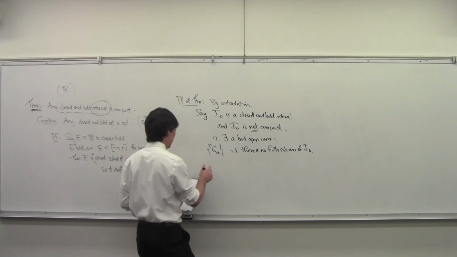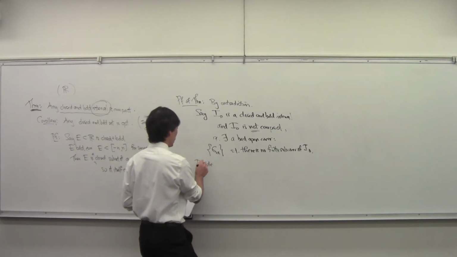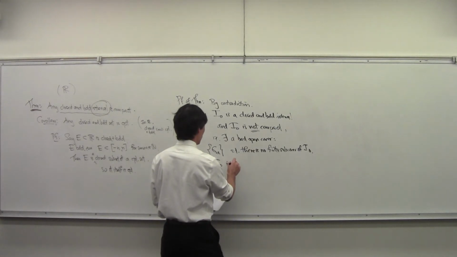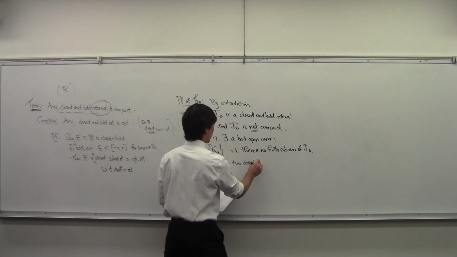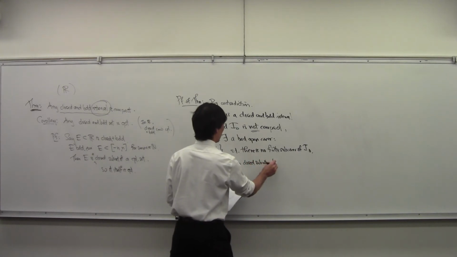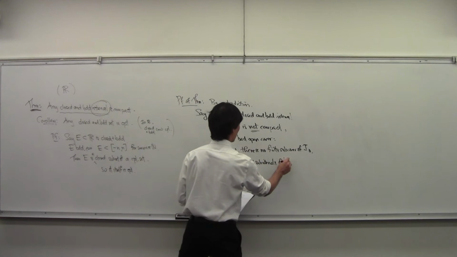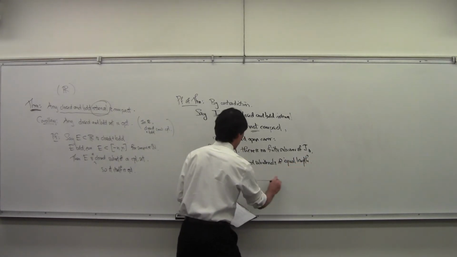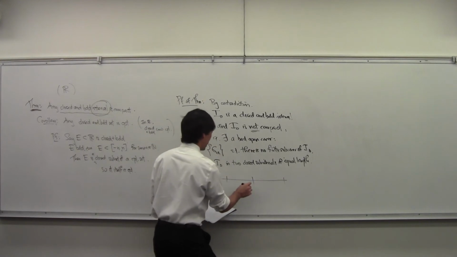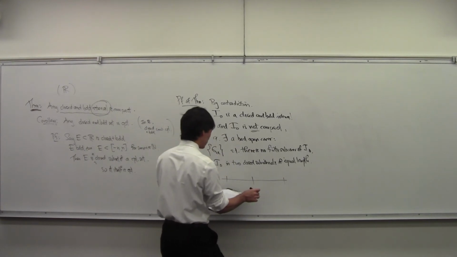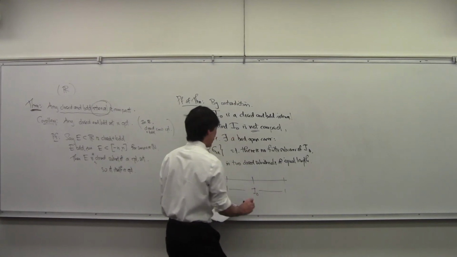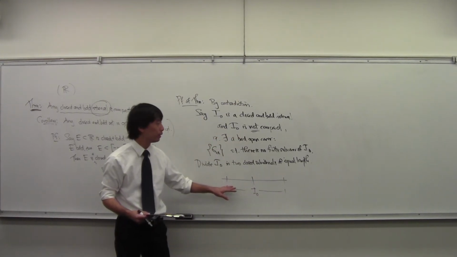We take I naught and divide it into two closed subintervals of equal length. So here's your I naught, and you divide it into two parts, two subintervals.